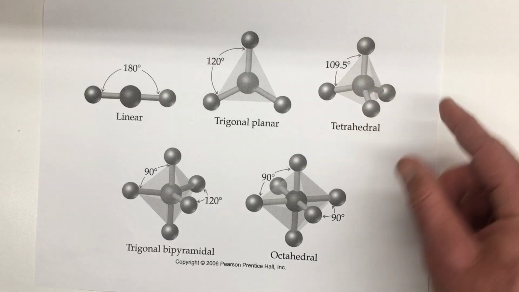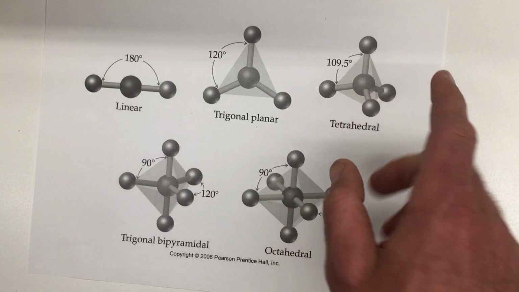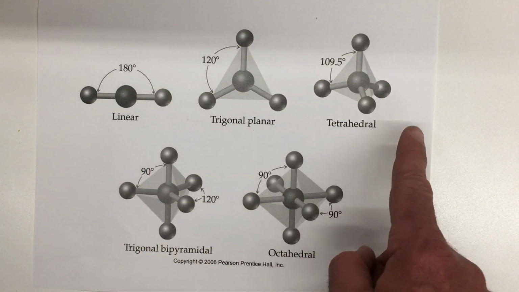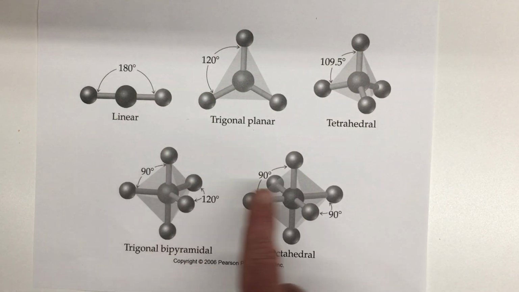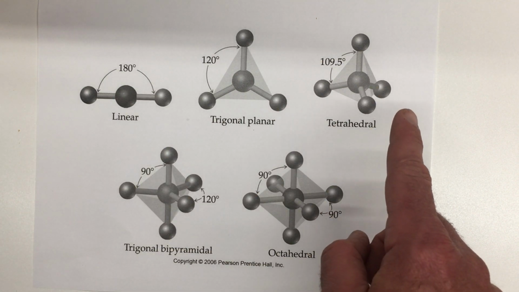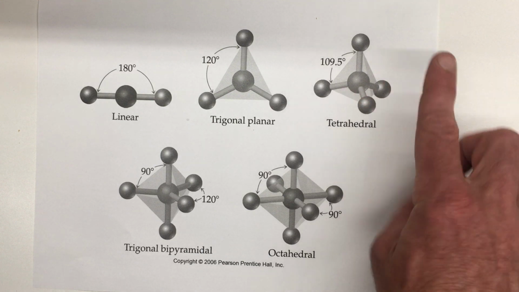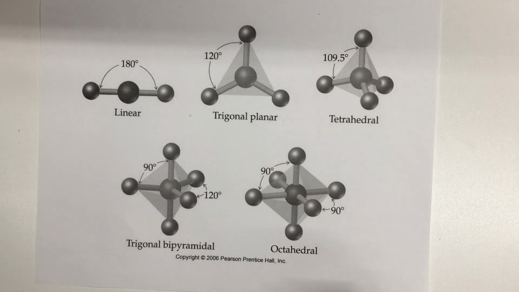That would make it a little bit smaller. If there are 2 non-bonding electron domains, even smaller than that. So make sure you know all of the basic shapes, all the electron domain geometries that are possible, know their bond angles, and then know that they get a little bit smaller when you have non-bonding electron pairs.